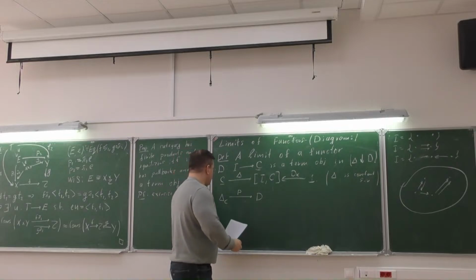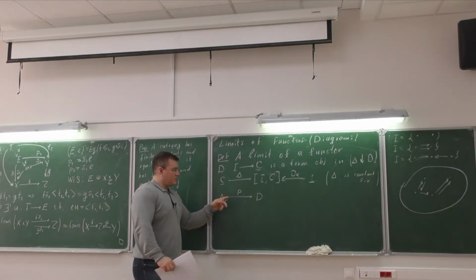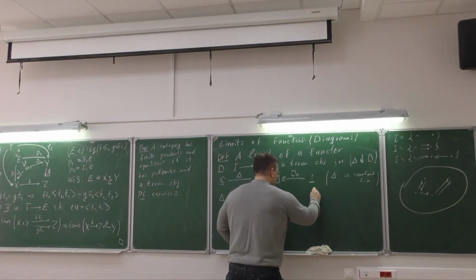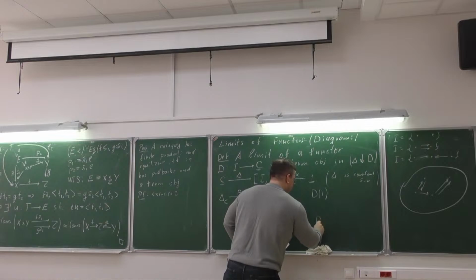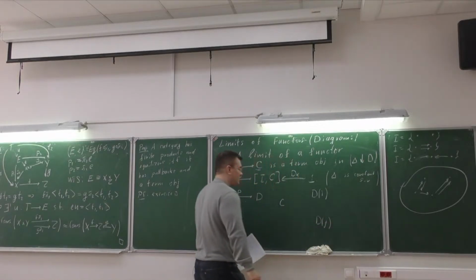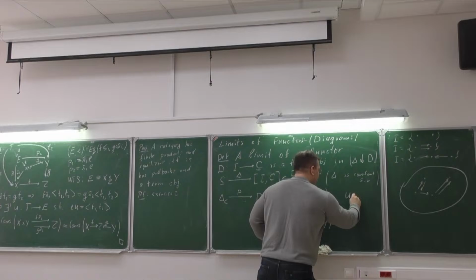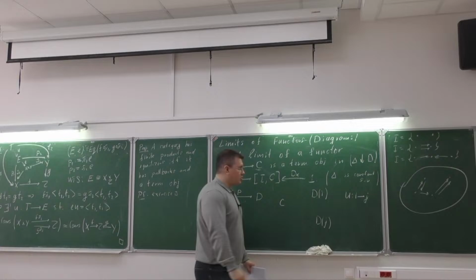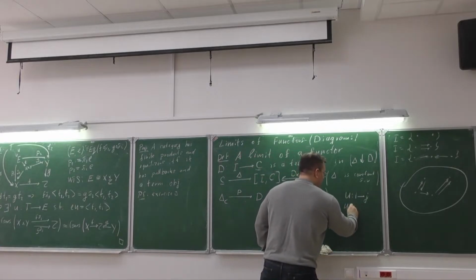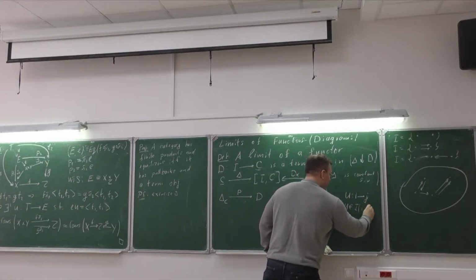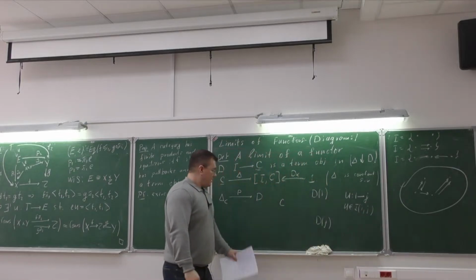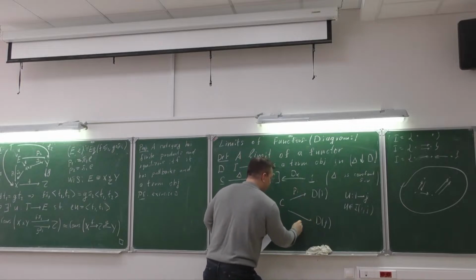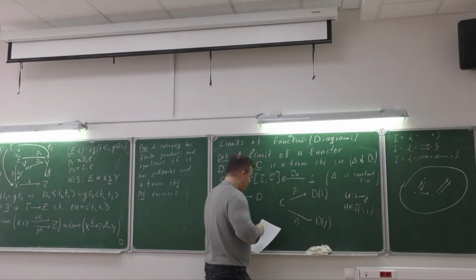Since this is a constant functor and this is a natural transformation, this information is equivalent to the following: I have a vertex C, then for any objects i and j of I, and a map u from i to j, in other words u is in Hom(i, j), I have projections p_i and p_j.